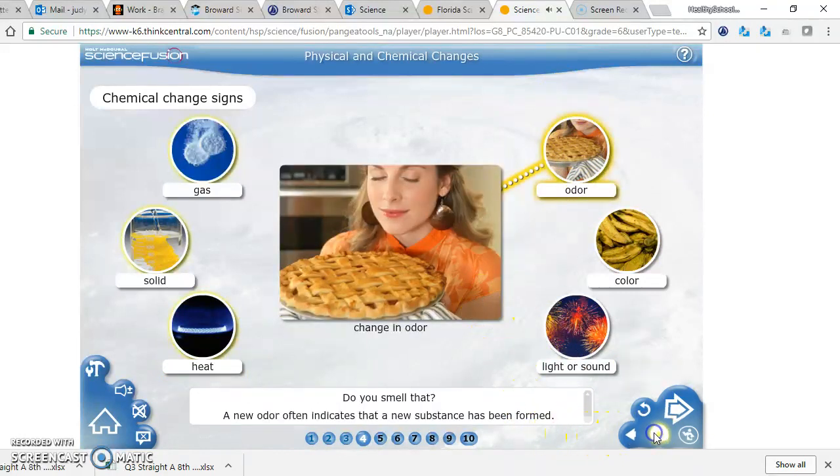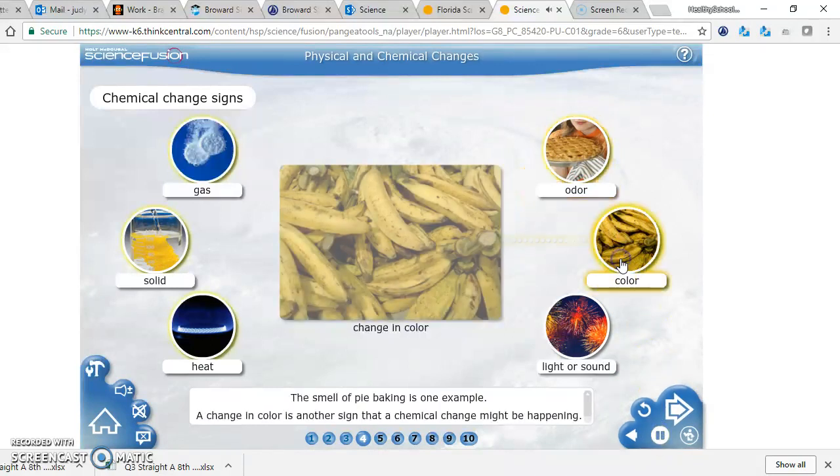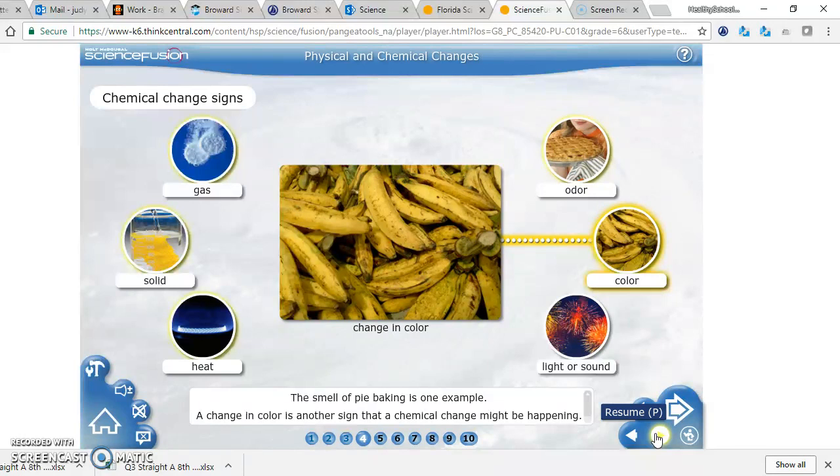Do you smell that? A new odor often indicates that a new substance has been formed. The smell of a pie baking is one example. A change in color is another sign that a chemical change might be happening.